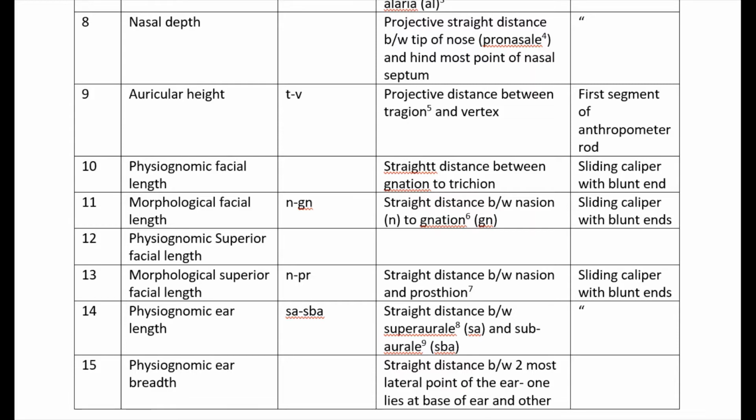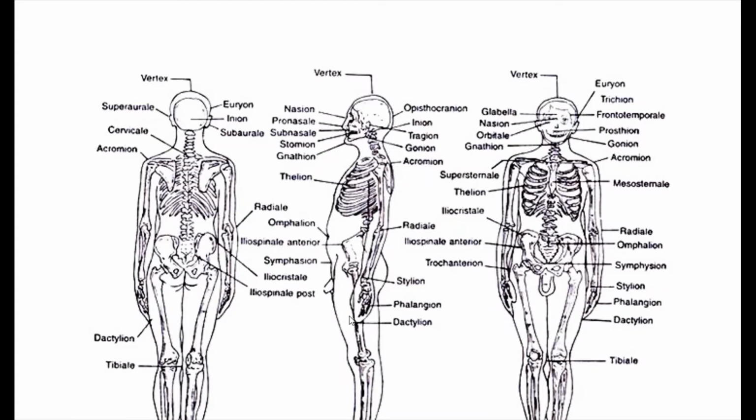Next is the physiognomic facial length. How do you identify this? As a straight distance between gnathion and trichion. The one point, gnathion, is the most lateral point of your chin. Here at the chin is the gnathion, whereas the other point is trichion.